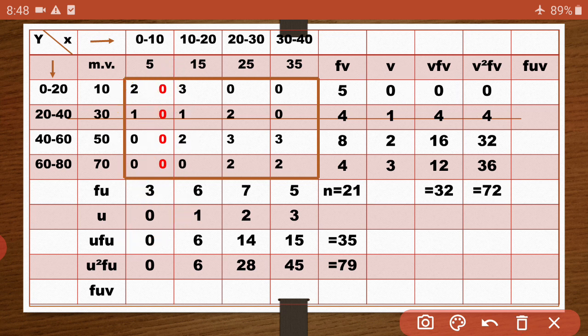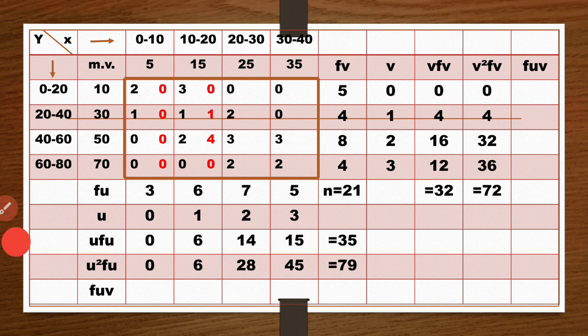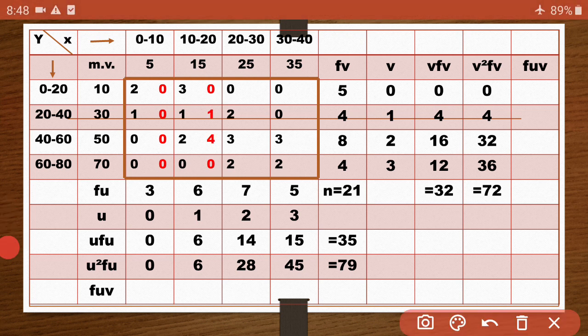Okay, so the first column is given, the answer is 0. We show it in a different color, we are using red color here, so you can differentiate the two values in a particular box. Okay, after that the main thing here, 3 multiply 0, so 0 and multiply 1, so 0. Okay, this answer is 0.